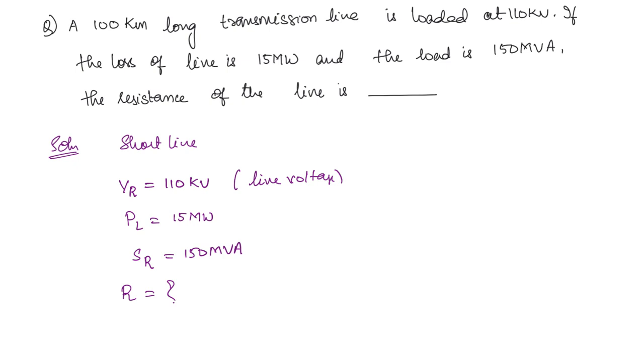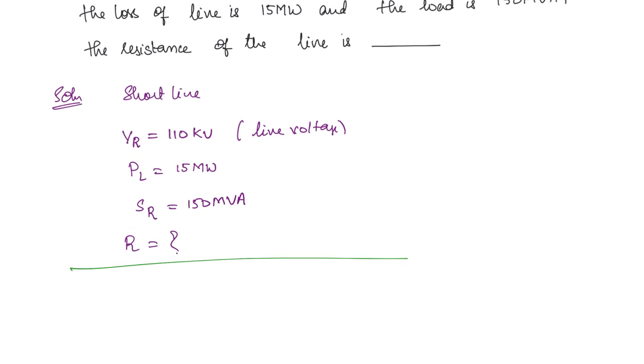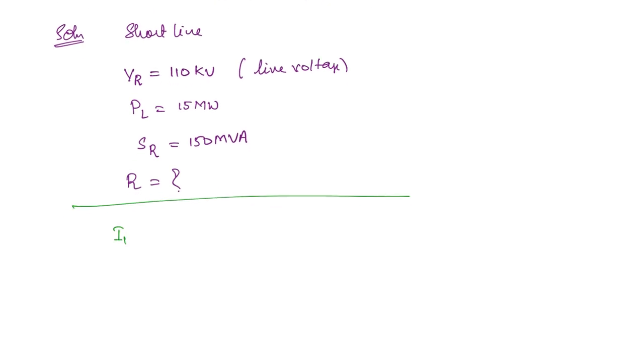Now how can you find the receiving end current? Here you have the complex power and the voltage. So first we will find the receiving end current. The complex power is given by root 3 VR into IR.